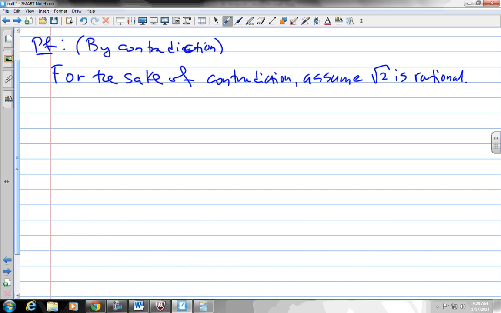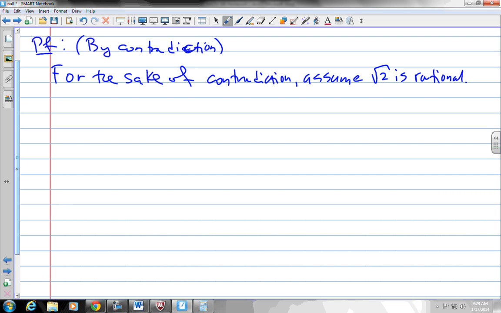So we're going to assume that, and we're going to do some math, and at the end we're going to come to a place that makes no sense. We're going to come to something that's definitely wrong. So we're going to say, well, that's a contradiction. Therefore, the assumption is wrong. Therefore, it's not rational, it's irrational.